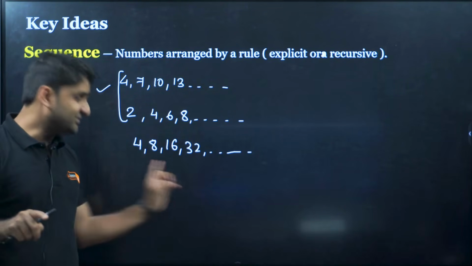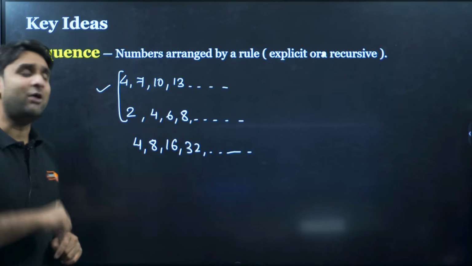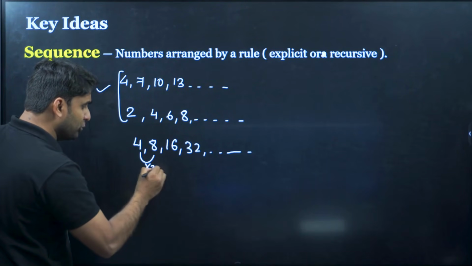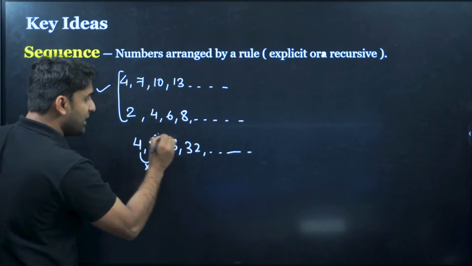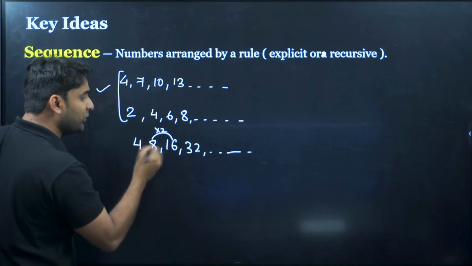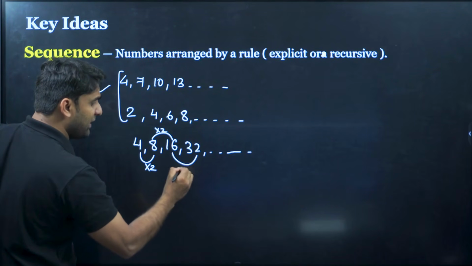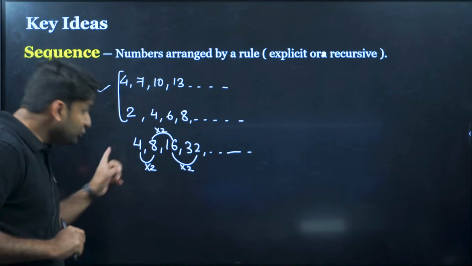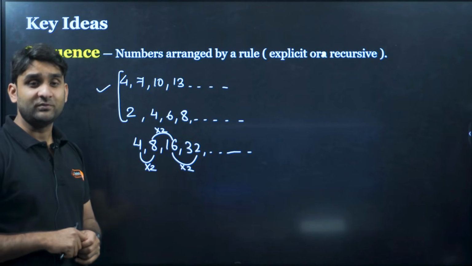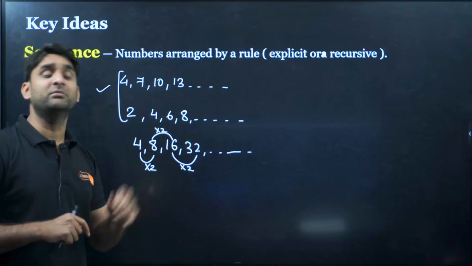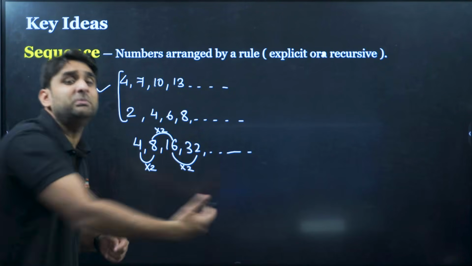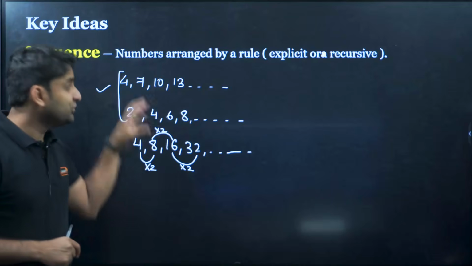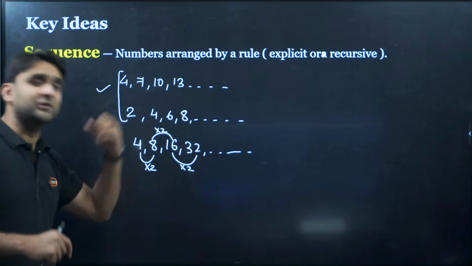No, this is also a sequence. Now we have multiplied 4 by 2 and we get 8. Again we multiply 8 by 2, we get 16. Again we multiply 16 by 2, we get 32. So this is also a sequence, because here all the numbers are increasing in multiplicative form. Earlier the numbers were increasing in additive form. So this is also a sequence and this is also a sequence.